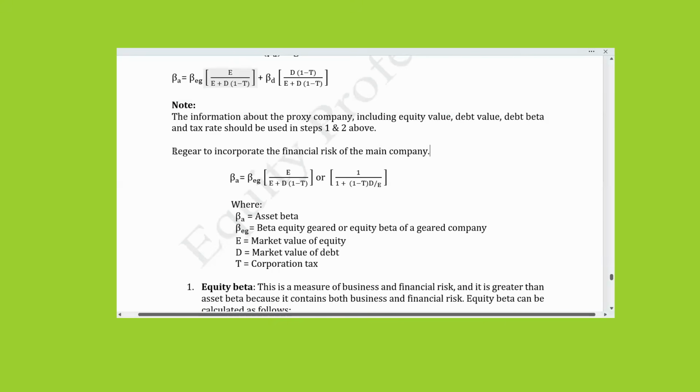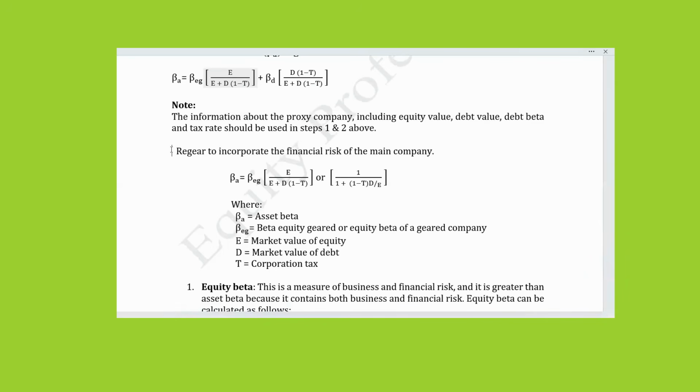Remember, in step 1 and step 2, your intention is to calculate asset beta, and you know that asset beta measures the risk associated with the industry. You want to calculate business risk. Business risk measures industry risk.